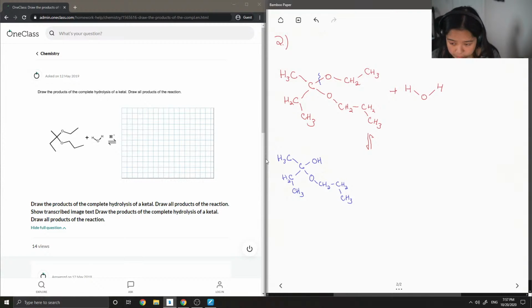So we have a new alcohol that was formed there. This is just going to be product 1.